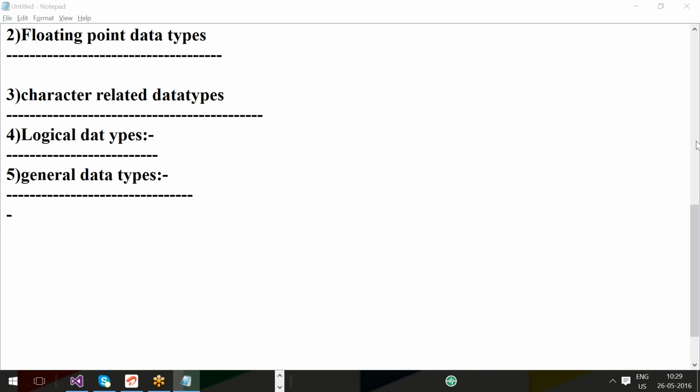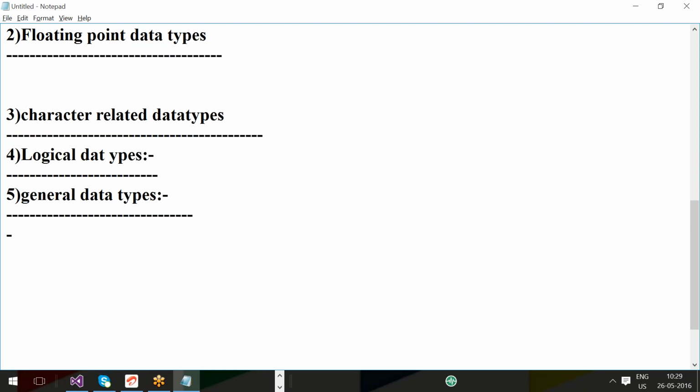Now, Shiva, explain about floating point data types. The data which has a floating point. Floating point data types are only signed; we don't have any unsigned floating point data types.